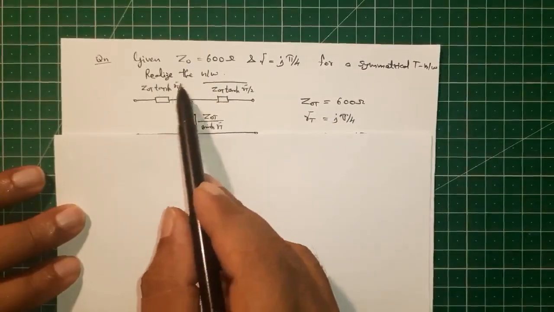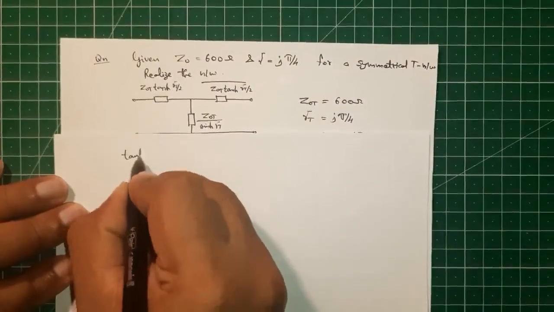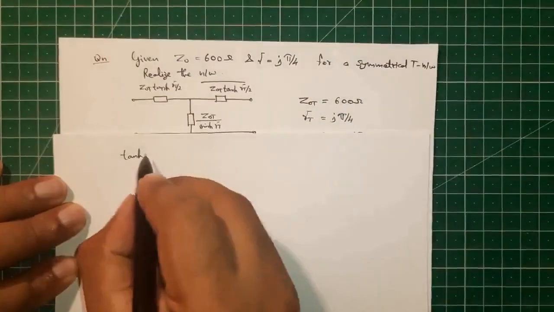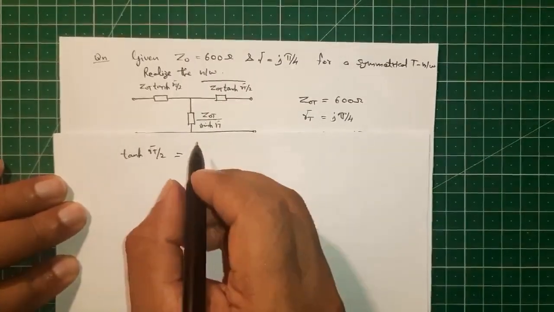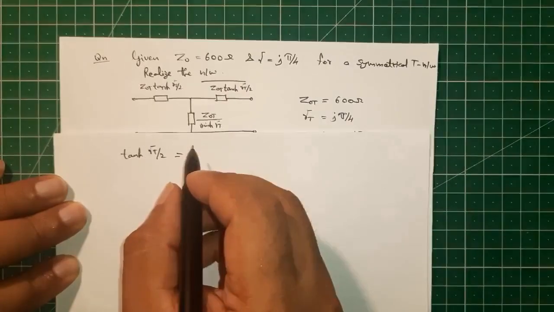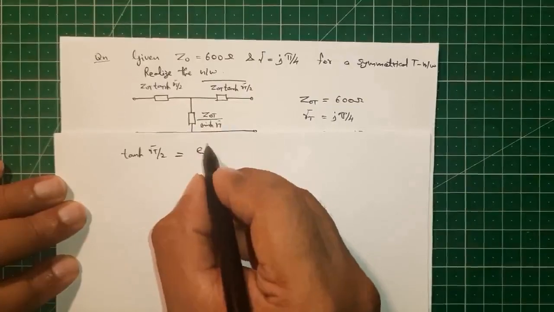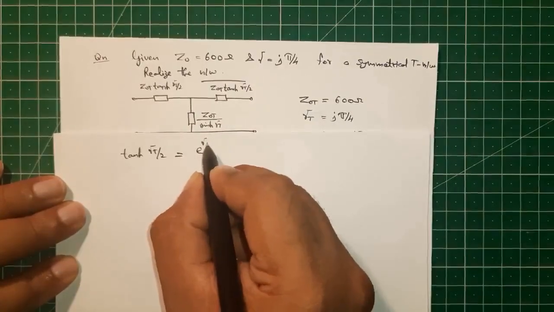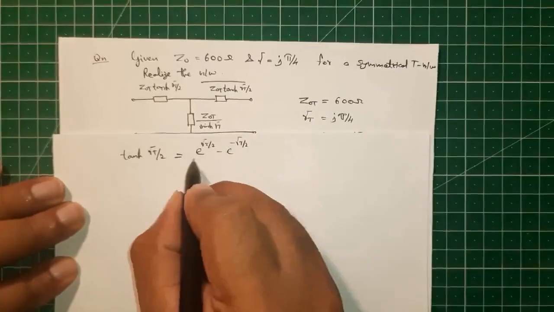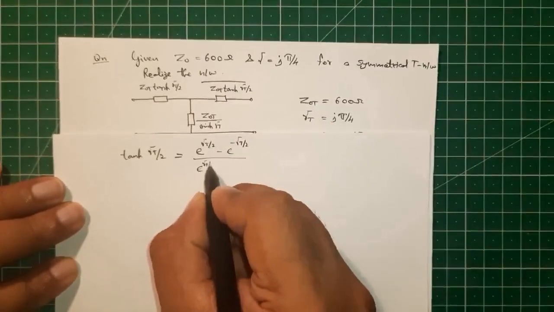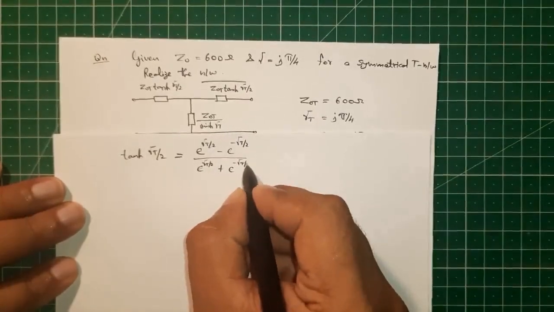Similarly, we can evaluate tanh gamma t by 2 as tanh gamma t by 2 is equal to e power gamma t by 2 minus e power minus gamma t by 2 divided by e power gamma t by 2 plus e power minus gamma t by 2.